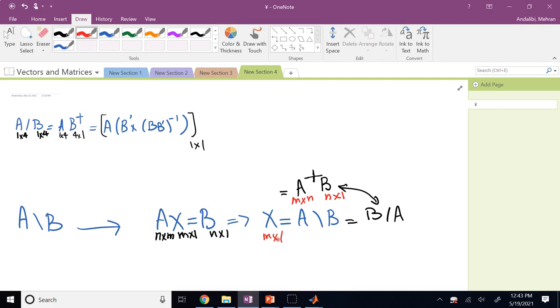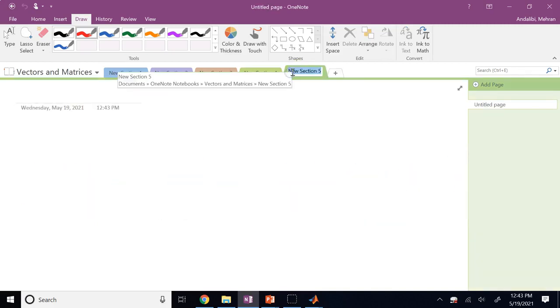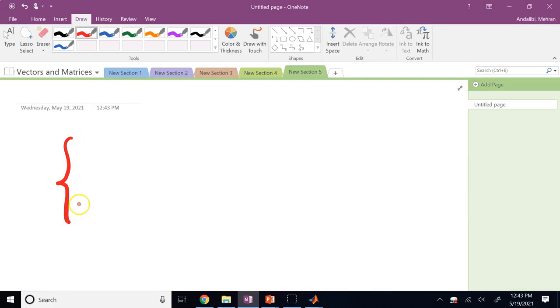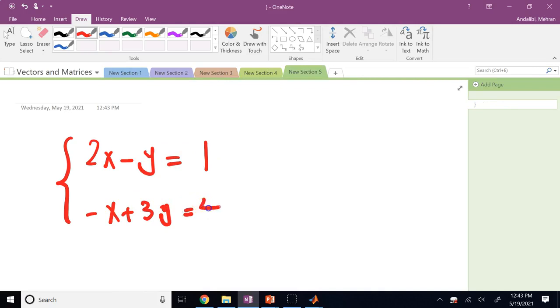So here, let me give you an example and clarify this a little bit more. Let's say I have two equations: 2x minus y equals 1, and negative x plus 3y equals 4.